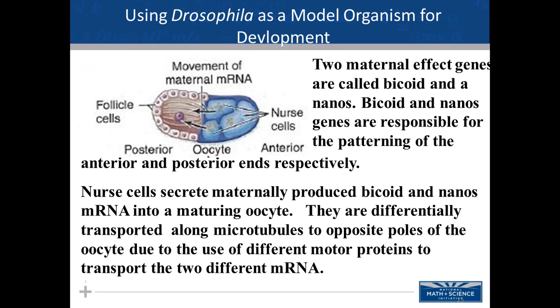Now, we're going to focus on the anterior and the posterior axes. They have determined that there are two maternal effect genes called bicoid and nanos.